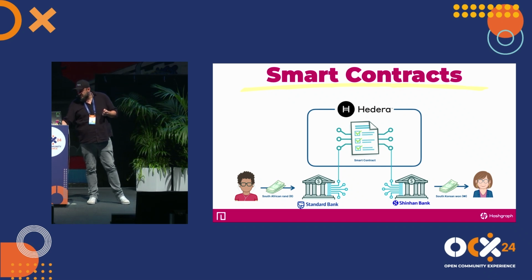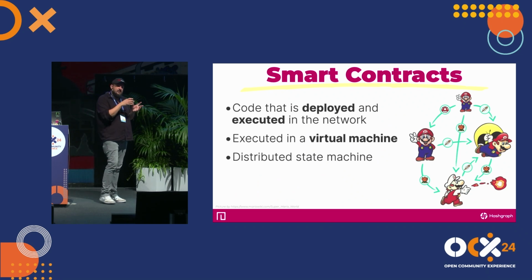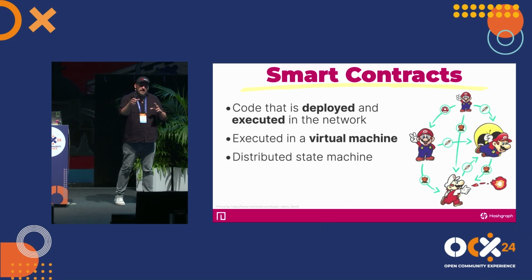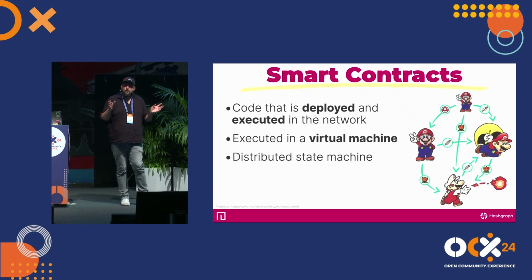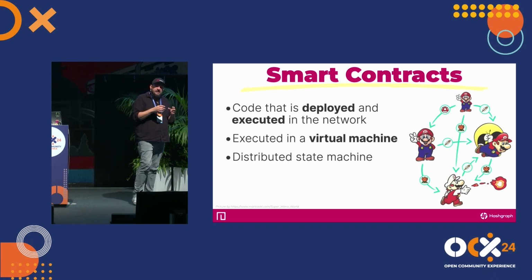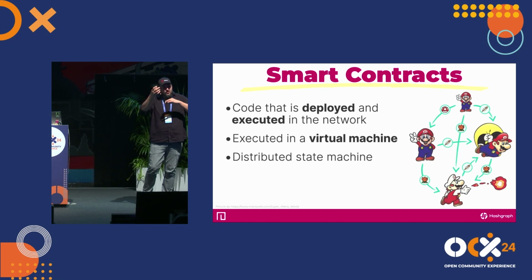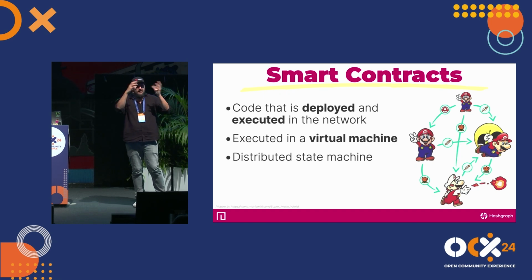Because a smart contract is executed in a virtual machine that is running in those networks. So there's a distributed, decentralized virtual machine running in the network, and you can think about it as a state machine. So whatever you can do with a program, you can do here. You can create any data structures, a map or something like that, and create functions, getters, setters, and so on. And then you can call those functions and change state within the network.